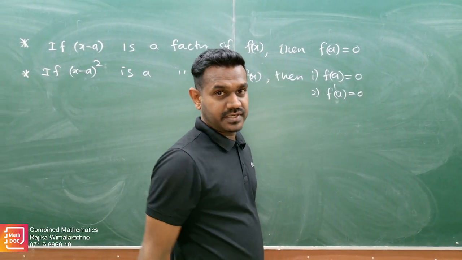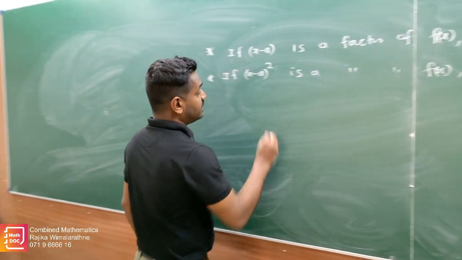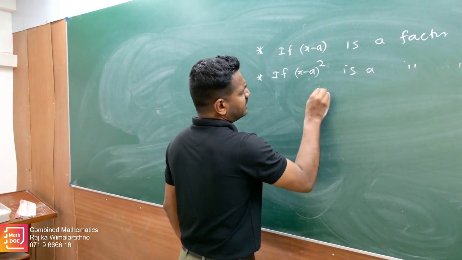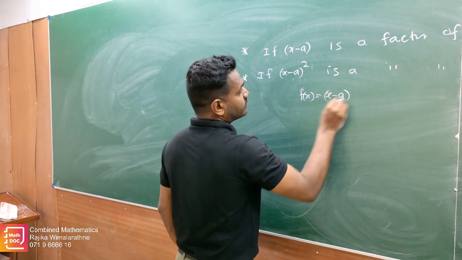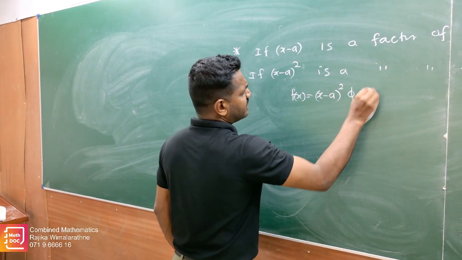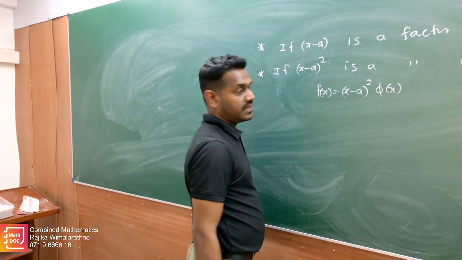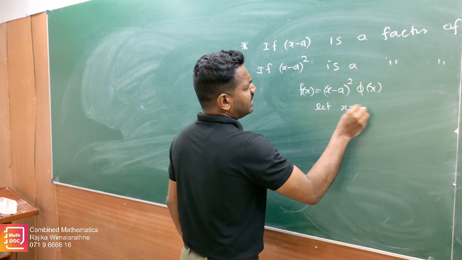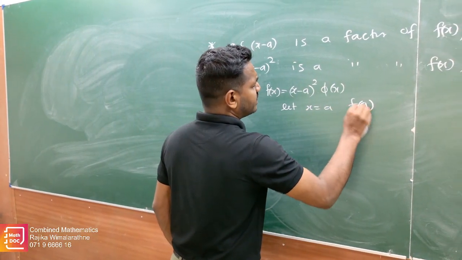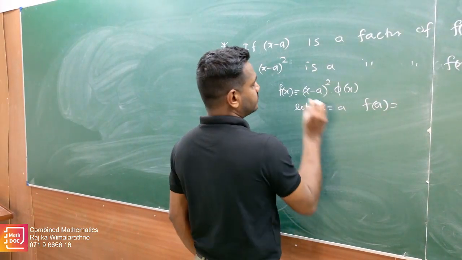That is a very special property. So consider when f(x) has (x minus a) squared as a factor, write (x minus a) squared times φ(x). Therefore, let x equal a. Therefore f(a) equals 0.